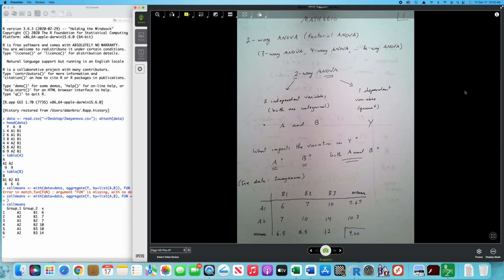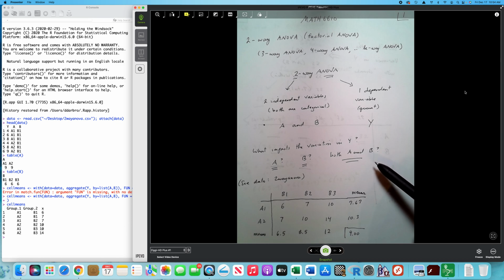Now, first thing we start with is a table of the marginal means. Typically in a one-way ANOVA, I would just be interested in, for example, the row means or the column means, because I only have one independent variable. But when I get into a two-way ANOVA, my focus really turns to the interaction.